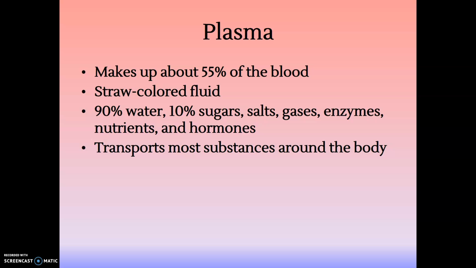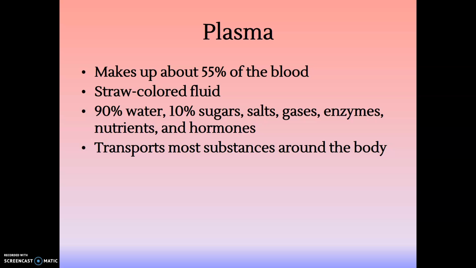Now, the portion of blood that is not cells, or the liquid portion of blood, is what is known as blood plasma. This makes up about 55% of blood and is actually straw colored. So it's not red like you would generally think blood is. When you separate the cells from the liquid portion, it is straw colored, a yellowish hue.